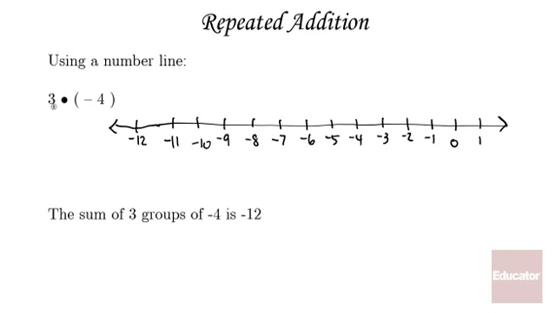Okay, this is telling me that I have 3 groups of -4. So first let me find one group of -4. Okay, that's my first group of -4.